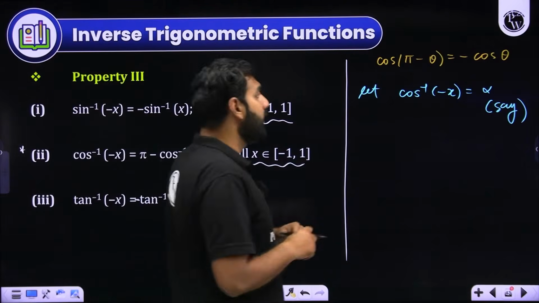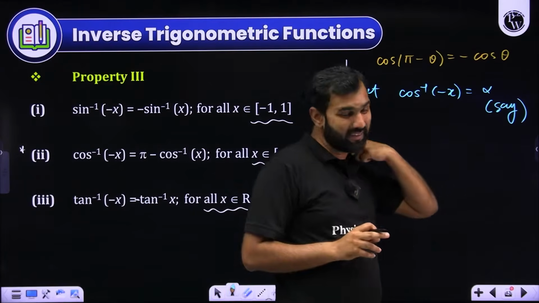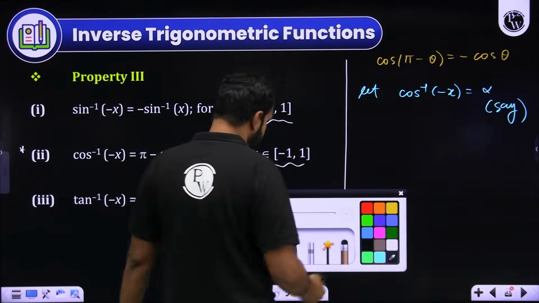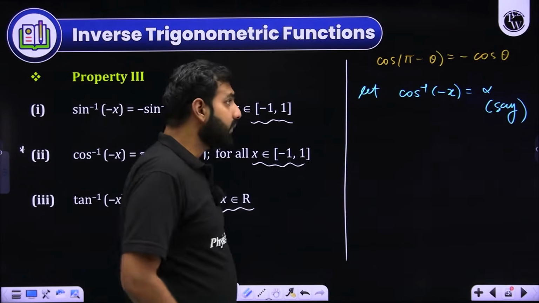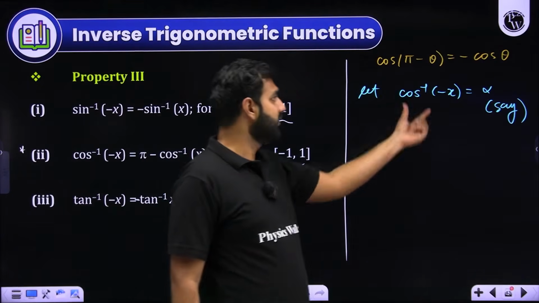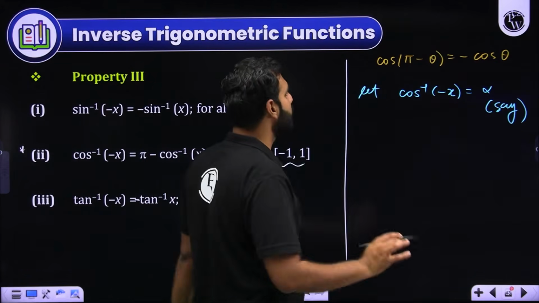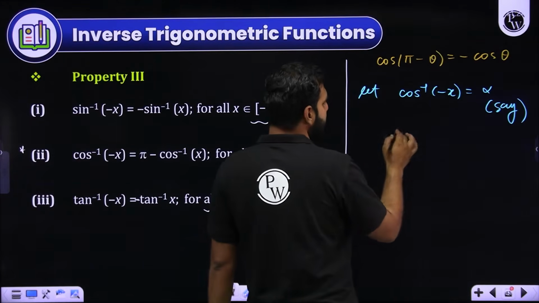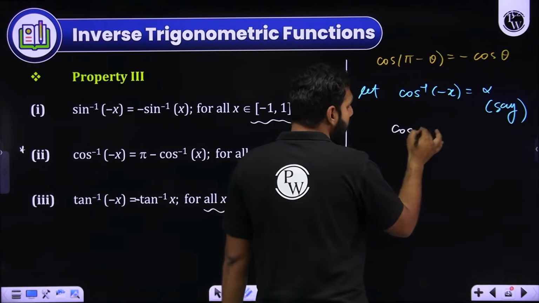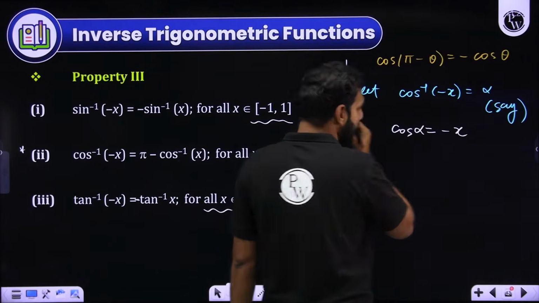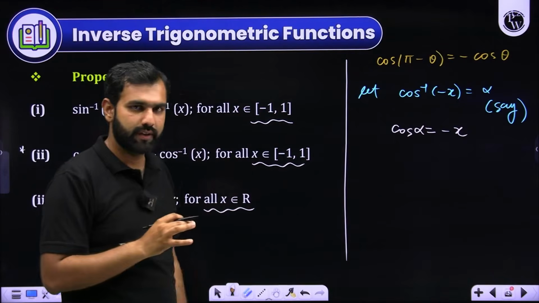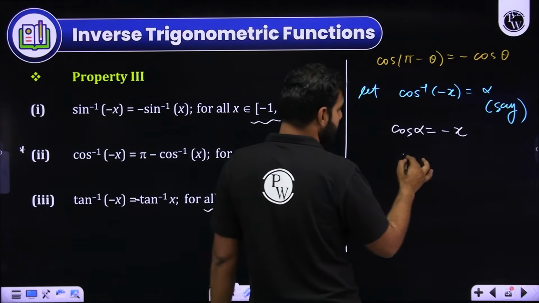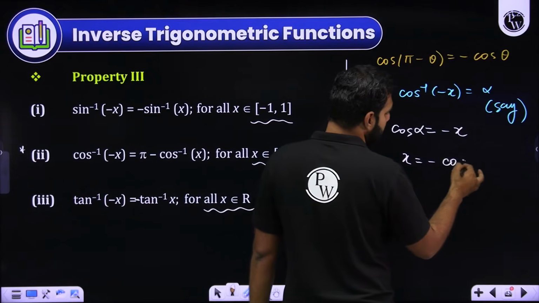Now, the catch here is this: if cos inverse of minus x is alpha, by using this property, since it is already between minus 1 and 1, can I say that cos alpha will be minus x? I hope there is no doubt on that. So on the basis of it, can I not say that x will be minus cos alpha?